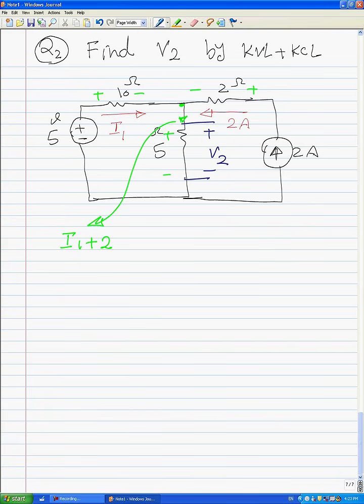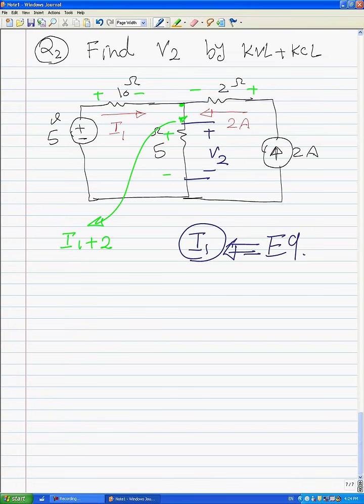This circuit has only one unknown. The unknown is I1. In order to find this unknown, we only need one equation.